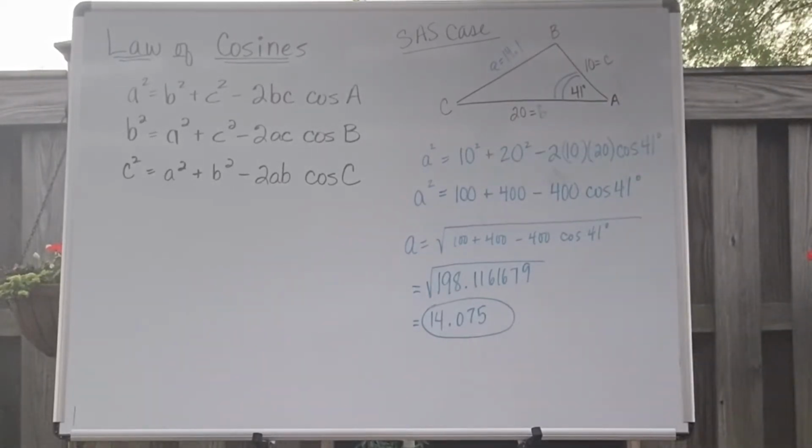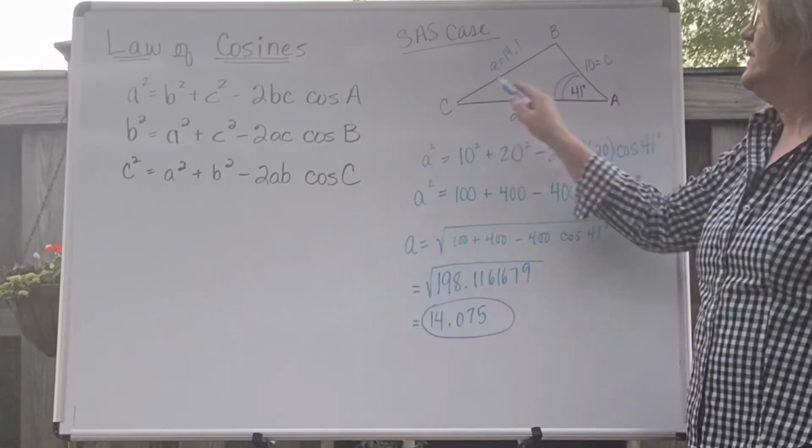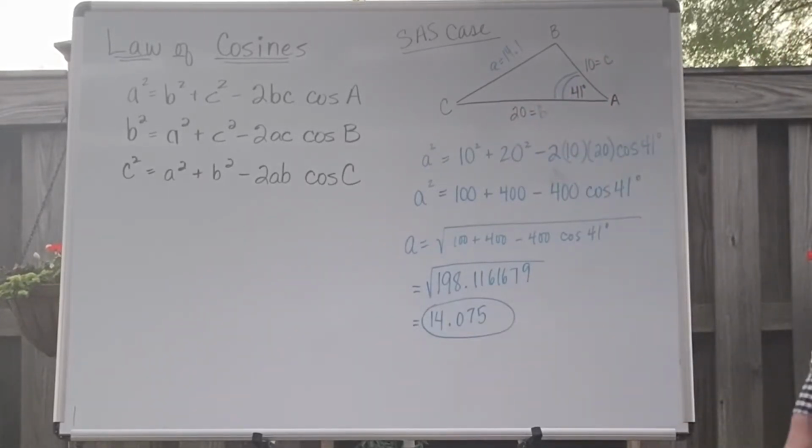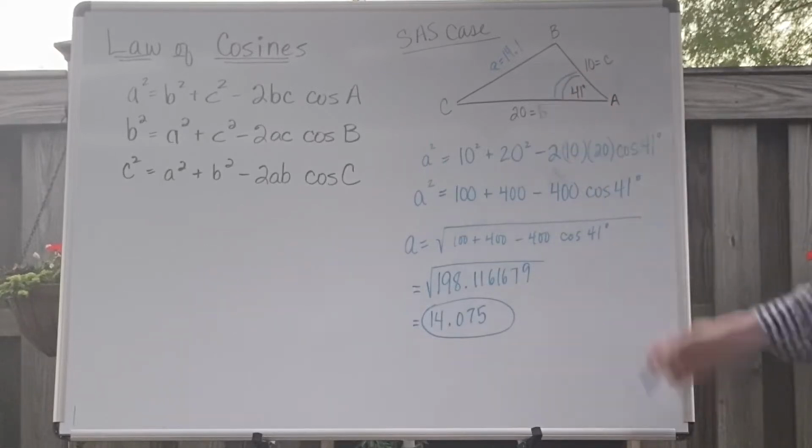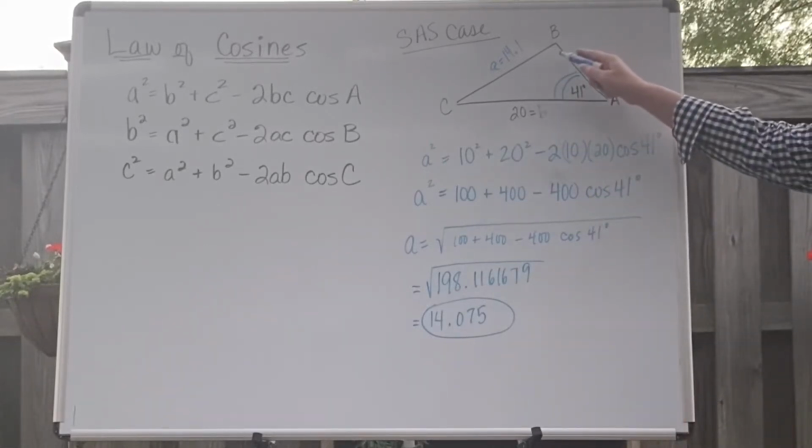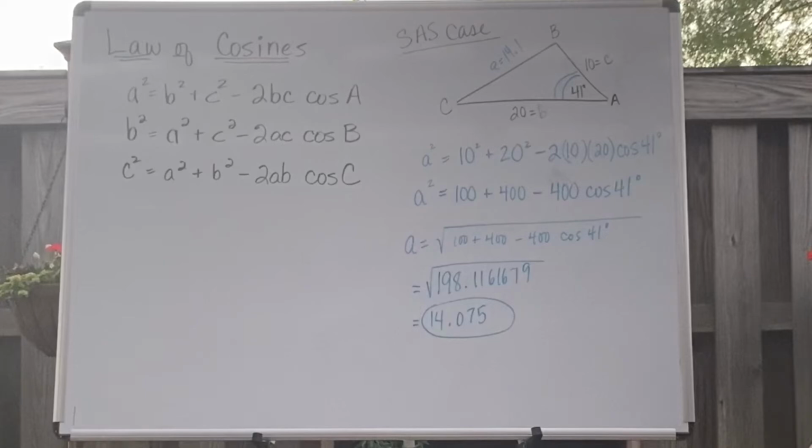Now once you have that side length, if you're solving this triangle, you need to find the other two angles. So how would you do that? Well, you could use the law of cosines again, or you could use the law of sines, and the law of sines might be a little bit easier.